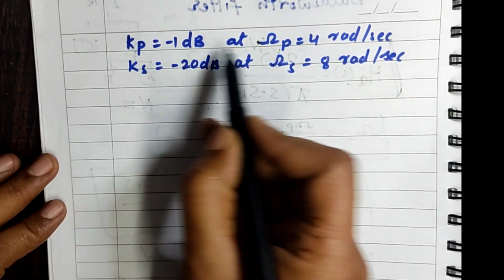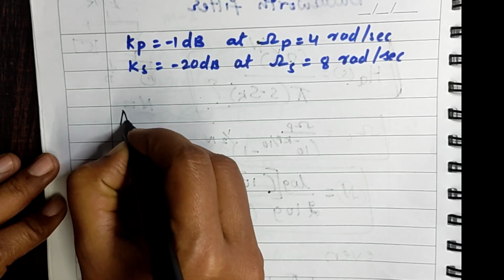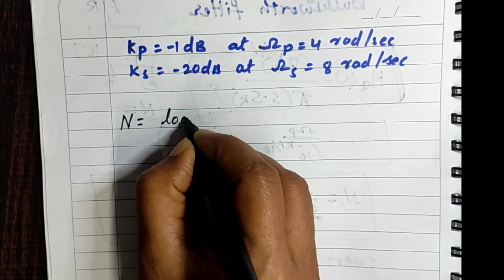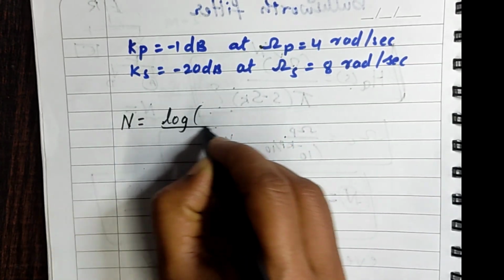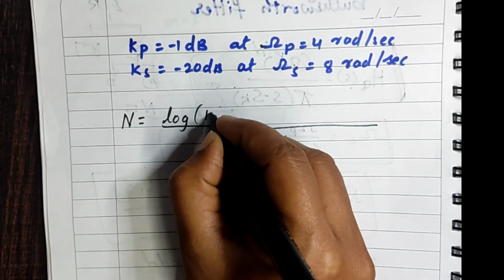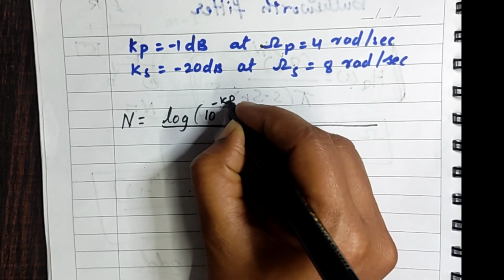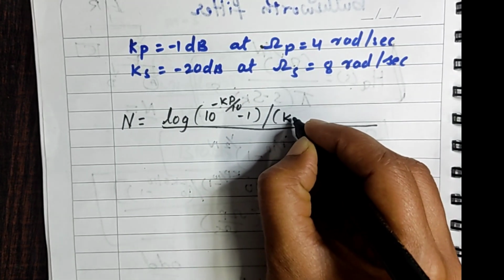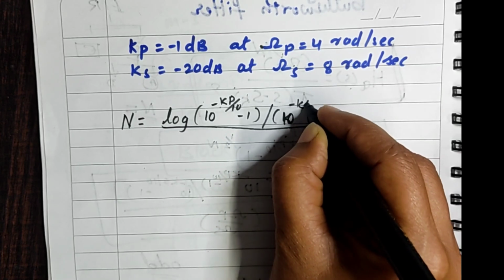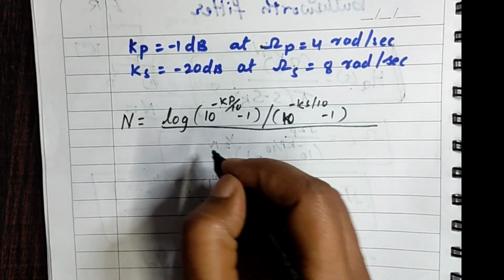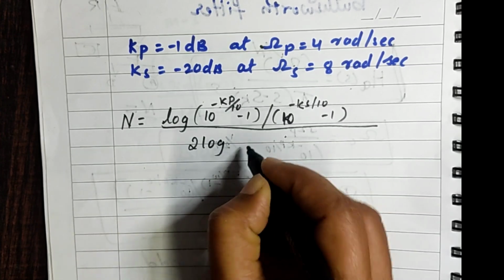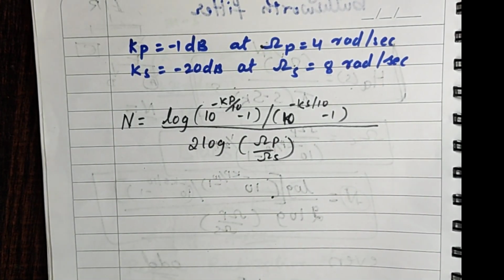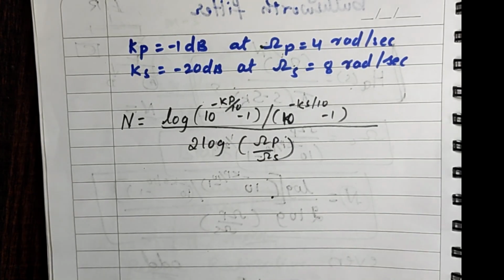Kp is equal to minus 1 dB and so on. So therefore the formula now: n is equal to the ratio of log of 10 to the power of minus Kp by 10 minus 1, divided by 10 to the power of minus Ks by 10 minus 1, whole divided by 2 log of ohm P by ohm S. So now let us check, do we have all the parameters or not?